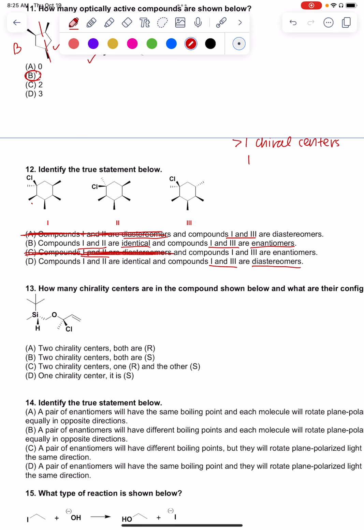Has some, but not all, changed, or all? Remember, some but not all is diastereomers, and all is enantiomers. Okay, so let's look at 1 and 3.